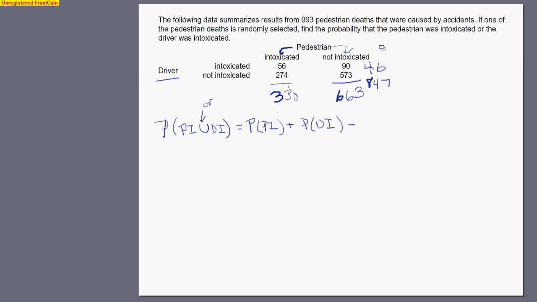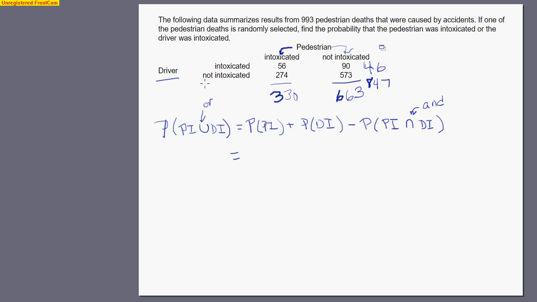But because those people get counted twice, we have to subtract off the doubling up of those accidents where the pedestrian was intoxicated and the driver was intoxicated, because we'll see in a minute how those people get counted double. This symbol here is our and, the accidents where both of them were intoxicated. But we're asked to find the probability that either one or the other was intoxicated, so it's going to be more people.